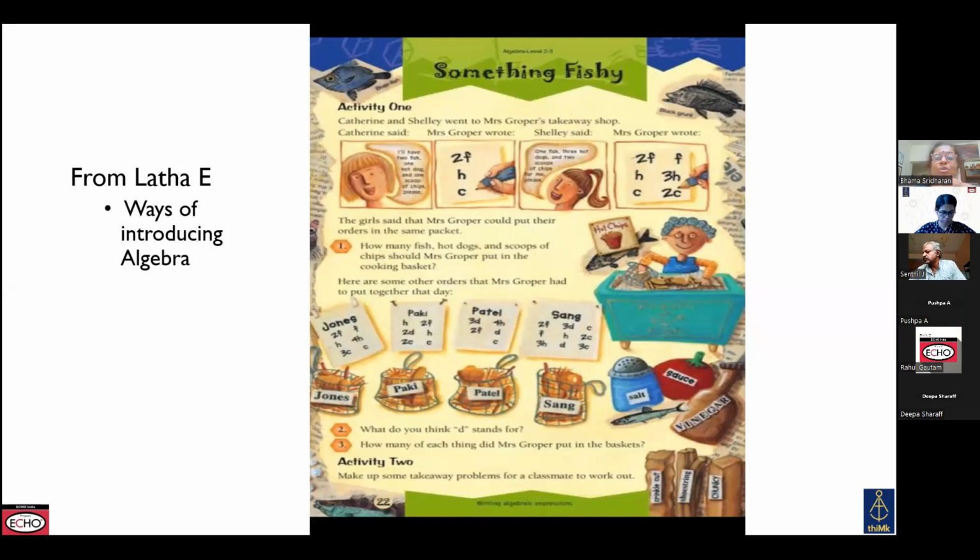Okay. If you could tell a concrete example, that will be nice, Pushpa. To begin with, we give them number patterns or shape patterns. First we start with the shape patterns.